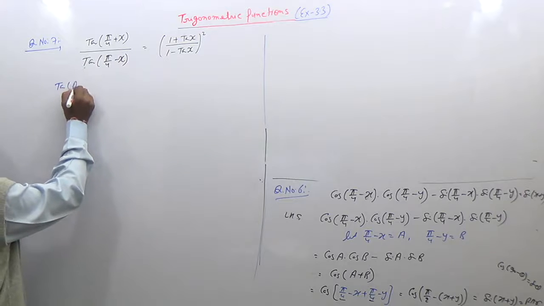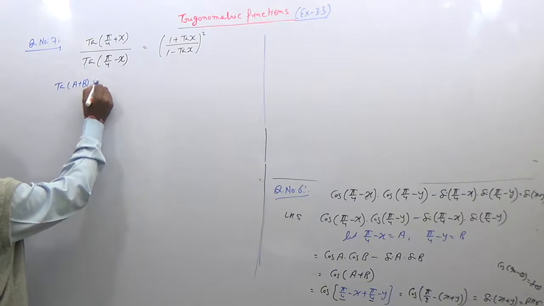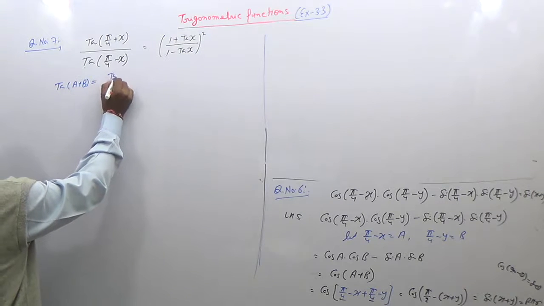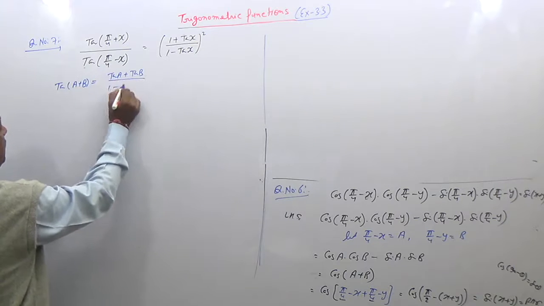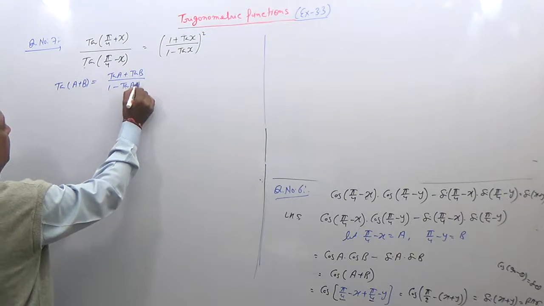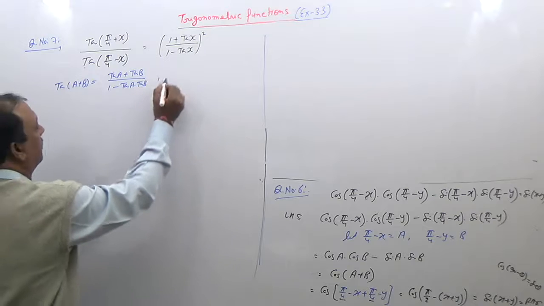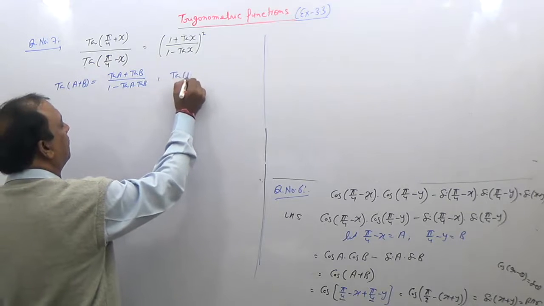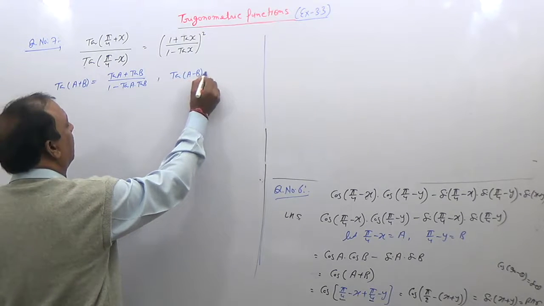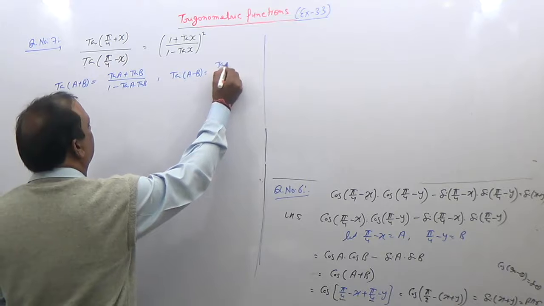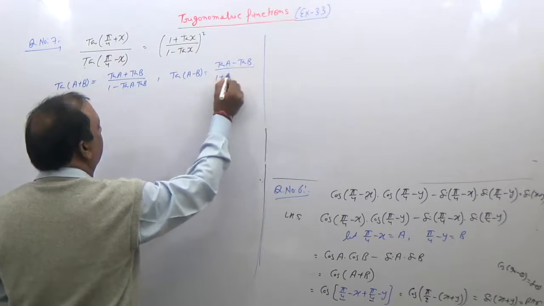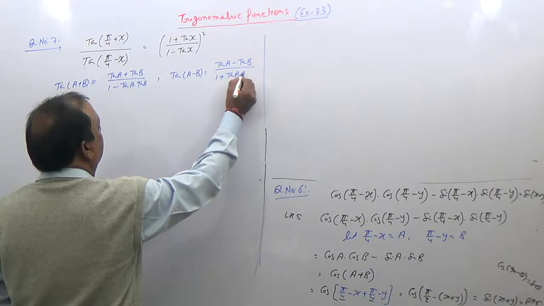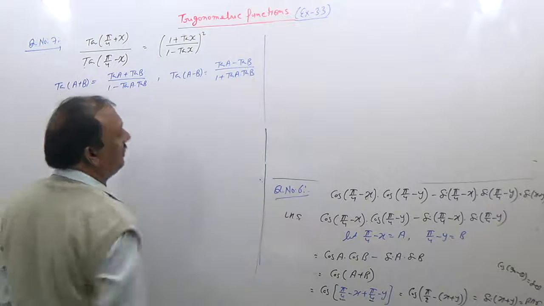We know that tan(A + B) is (tan A + tan B)/(1 − tan A tan B), and second, tan(A − B) is (tan A − tan B)/(1 + tan A tan B).